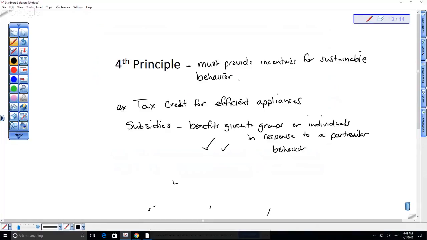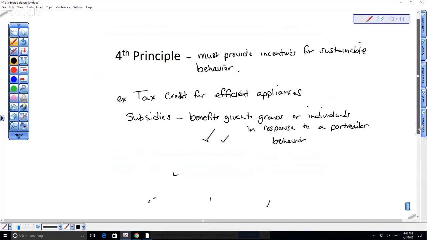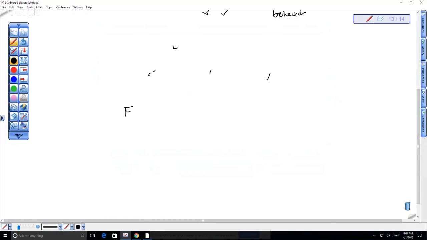Now, kind of the opposite of this, but related to how the government treats natural resources, is what is referred to as externalities. Let's go down here. So we have what are called externalities. So that first one, the subsidy, the tax credit for an appliance, they're actually giving me a subsidy for buying a cost-efficient appliance.